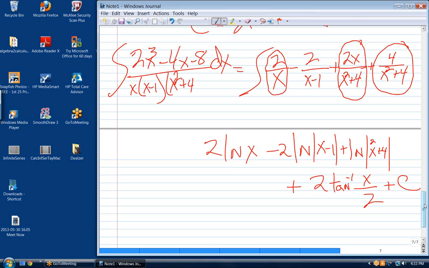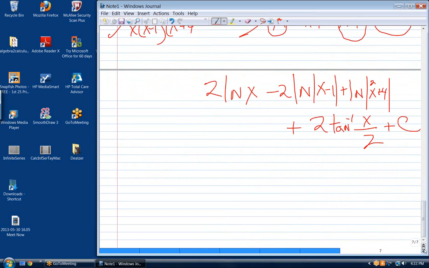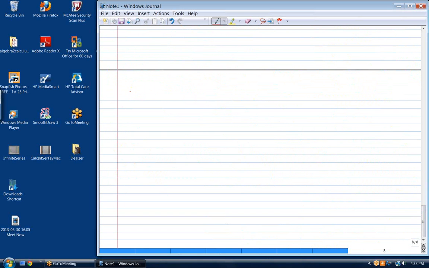Okay. All right, and let's try the last and most complicated case that my book covers, which is repeated quadratics. If we have something like this.